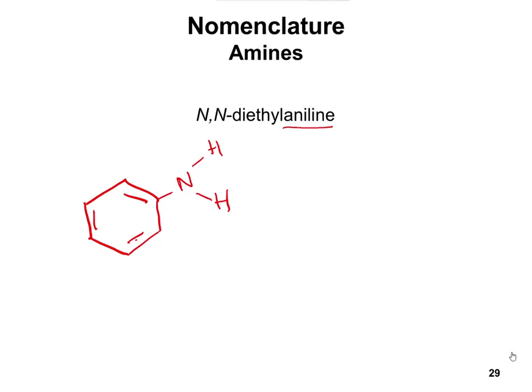So that means we have to get rid of the H's, and in place of them, we have to put ethyl groups. This one is going to be a CH2, CH3 for an ethyl group, and here we're going to have CH2, CH3 with an ethyl group. So this one here would be N,N-diethylaniline.